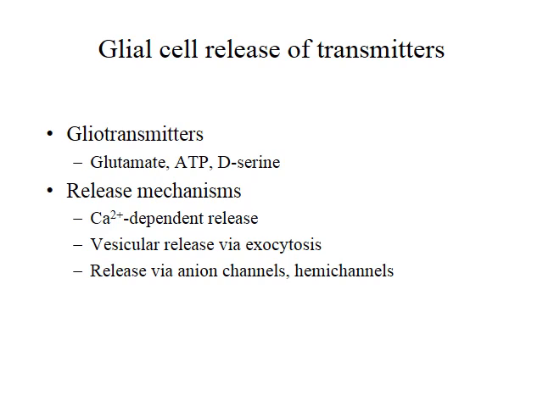And one of the mechanisms by which release occurs is by vesicular release via exocytosis, the same mechanism responsible for the release of neurotransmitters. However, other release mechanisms have also been shown to operate in astrocytes, and these include gliotransmitter release through anion channels and also through hemichannels, these would be gap junctional hemichannels.